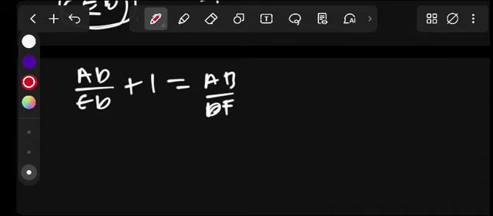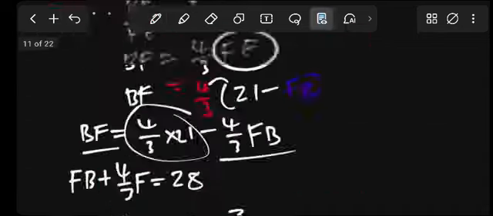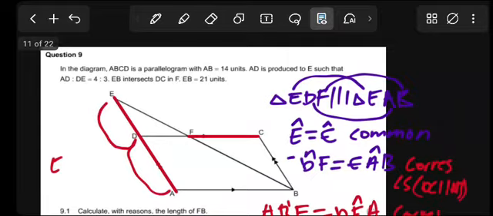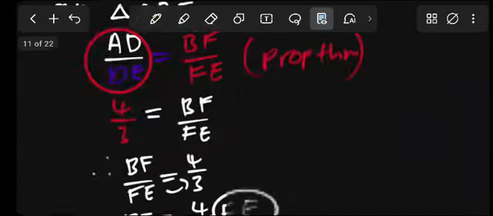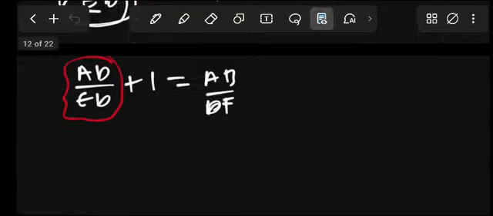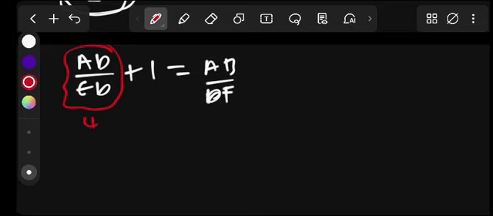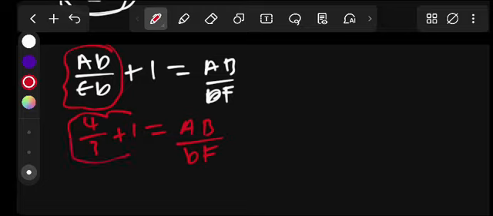But these, we have been given previously here. Also we know that it's equal to this ratio there, 4 over 3. So we come and replace that with 4 over 3 plus 1. Now it's equals to AB over DF. So we simply add this, the same as 7 over 3.